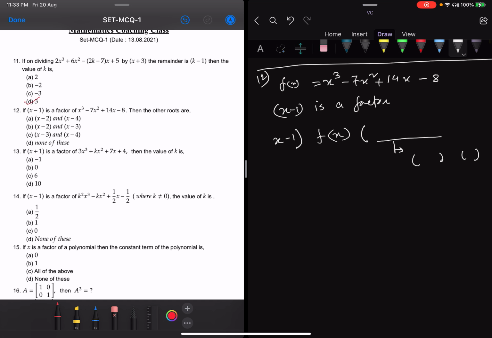So that's our normal procedure. Now here we are trying to avoid these steps to find the other roots.